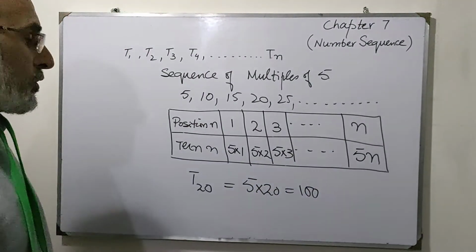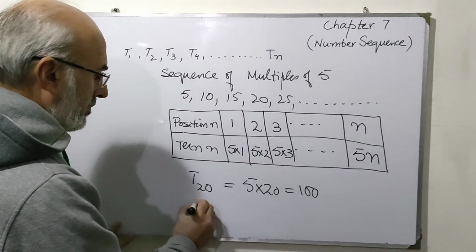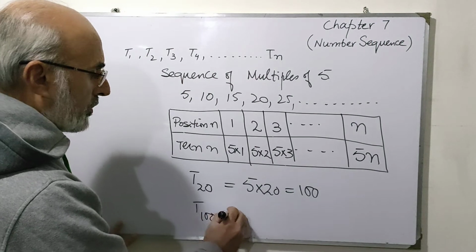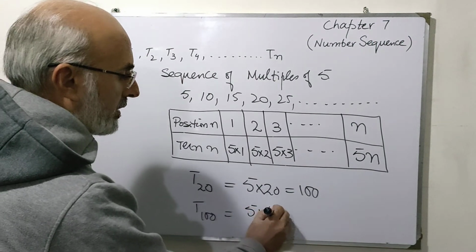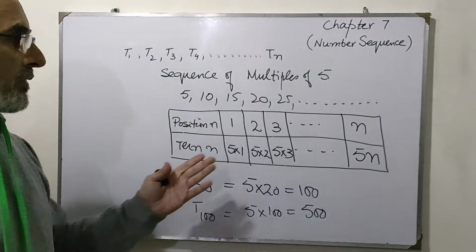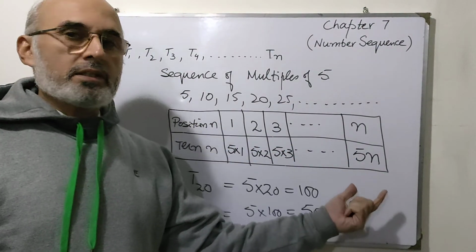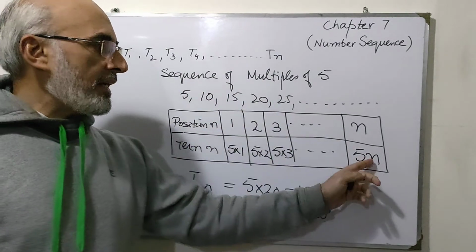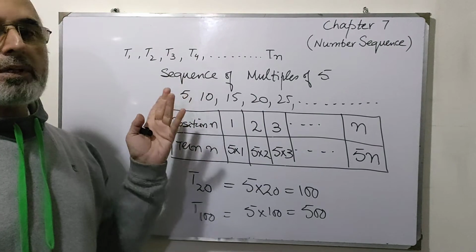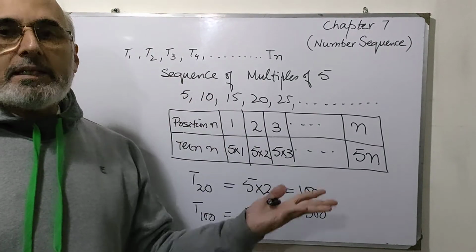Okay, if you want to know what the 100th term is, 5 into 100 is 500. So see, once we have the general term, we can just replace the value of n and we can get any value for any term. Okay?